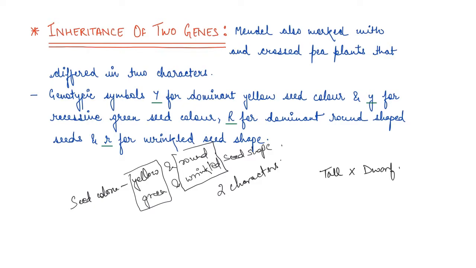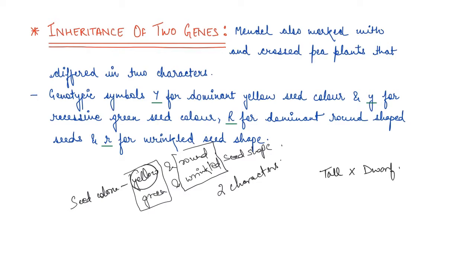What Mendel found was that the seeds resulting from crossing of these parents had yellow colored and round shaped seeds. That means that the yellow color is dominant over green and the round shape is dominant over wrinkled.